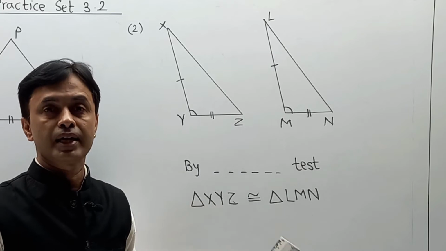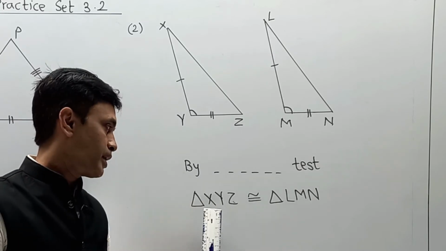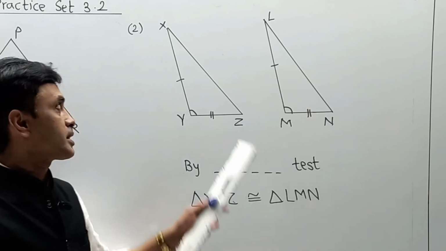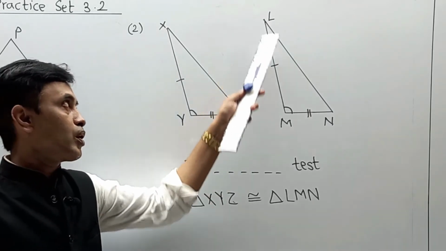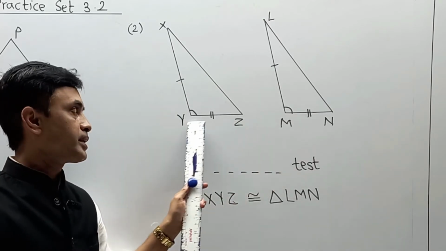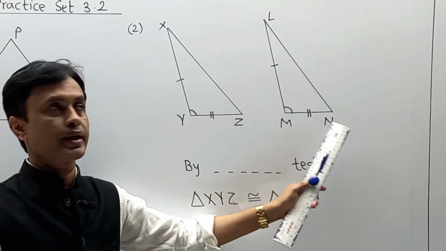Observing this diagram very carefully, they have already given triangle XYZ is congruent to triangle LMN. In this case, XY is congruent to LM, next angle Y is congruent to angle M, and third YZ is congruent to MN.